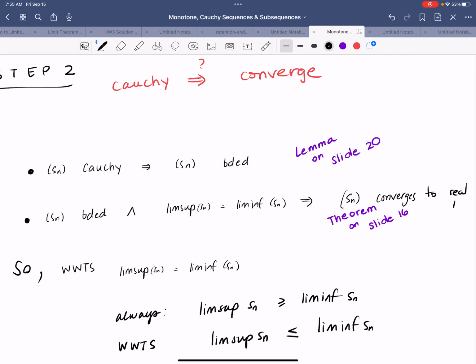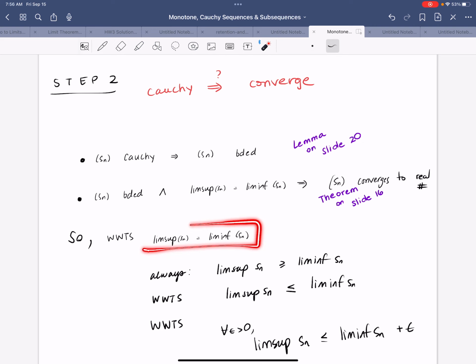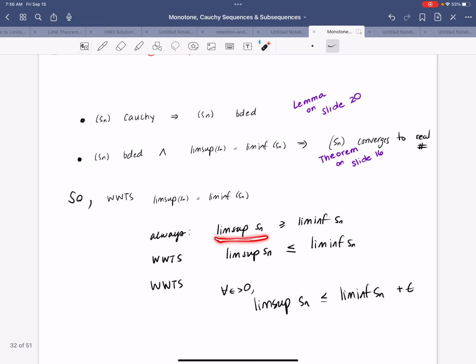So the reason why we need it to be bounded is so we don't get that Sn diverges to plus infinity or something like that, right? So converges to a real number. So we wanted to show that lim sup is equal to lim inf. And we said, well, we always have that the lim sup is bigger than or equal to lim inf. So we just need to show that it's less than or equal to lim inf.